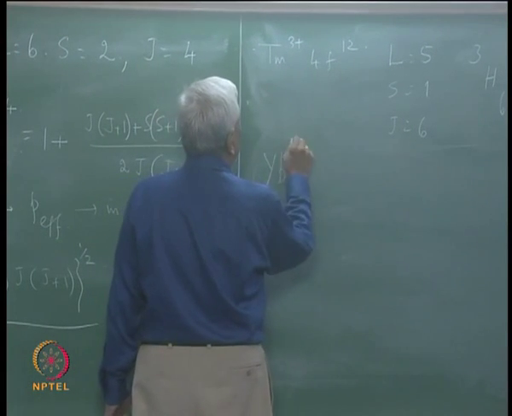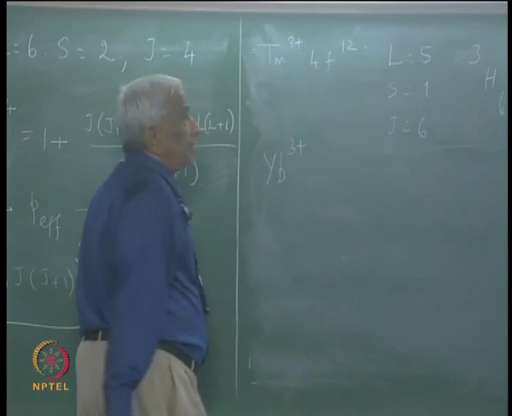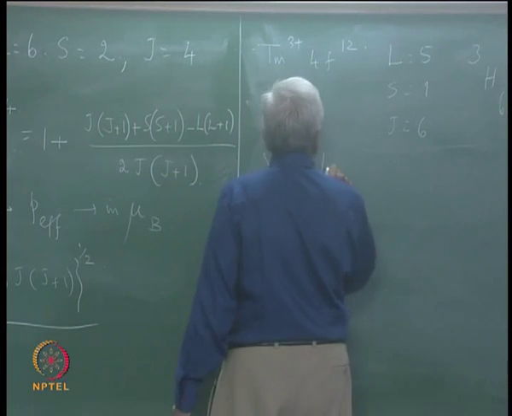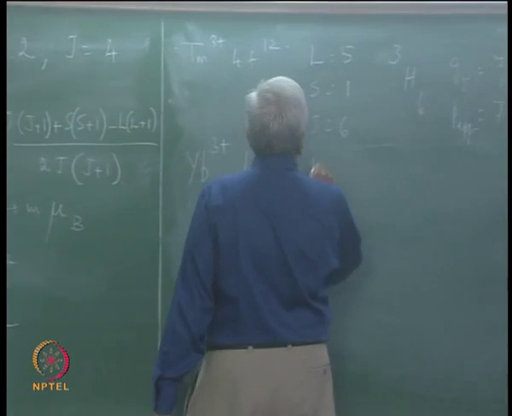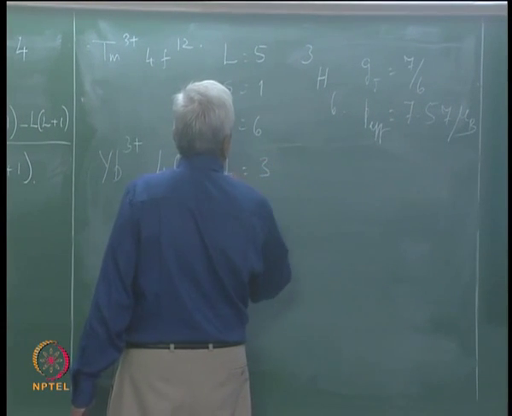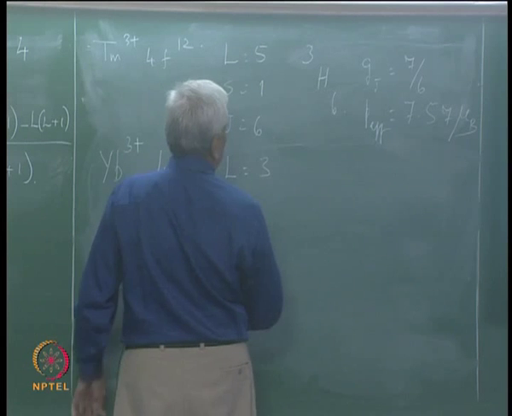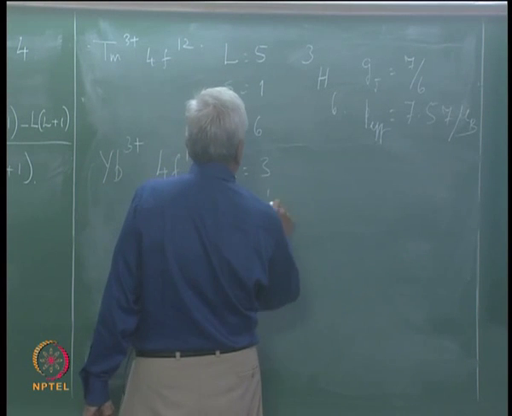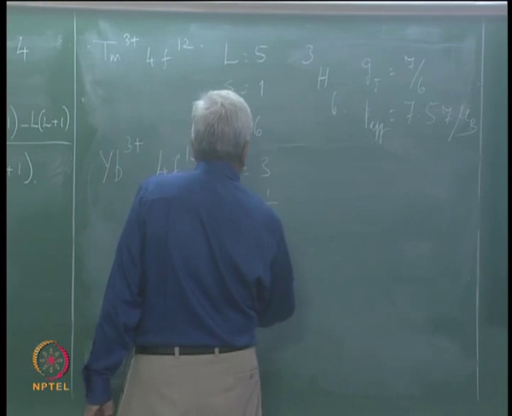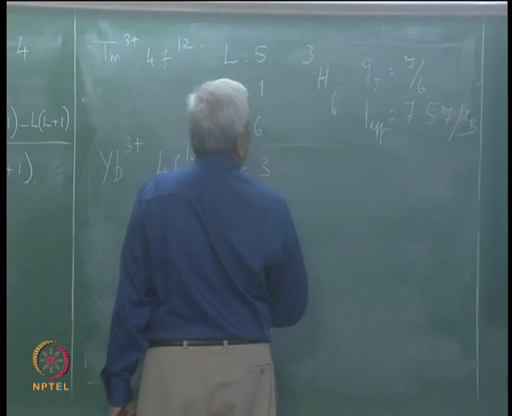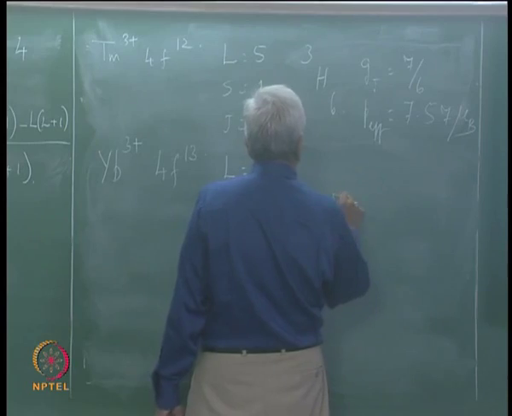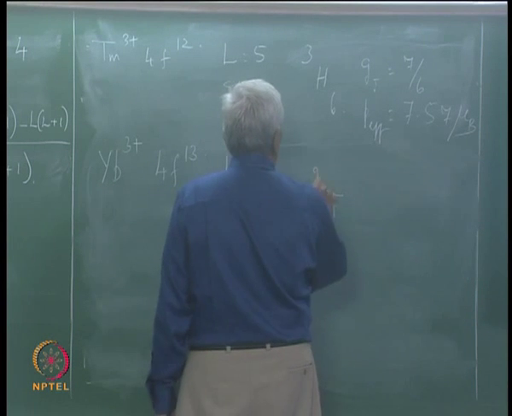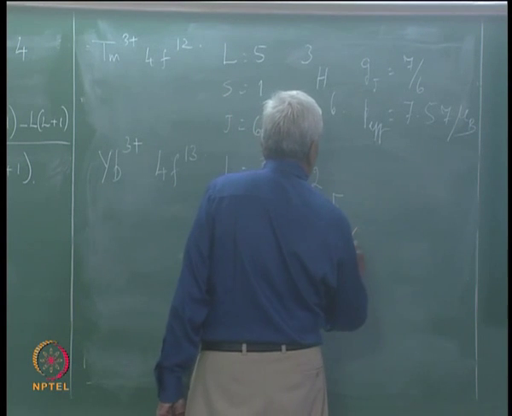Lastly, we have ytterbium 3 plus, which has 13 electrons in the 4f shell, and the corresponding values of L, S, J are L equal to 3, S equal to half, J equal to 7 by 2, and the ground multiplet is an F term, 2F 7 by 2.